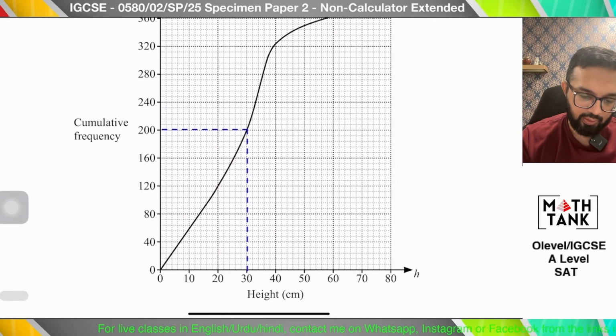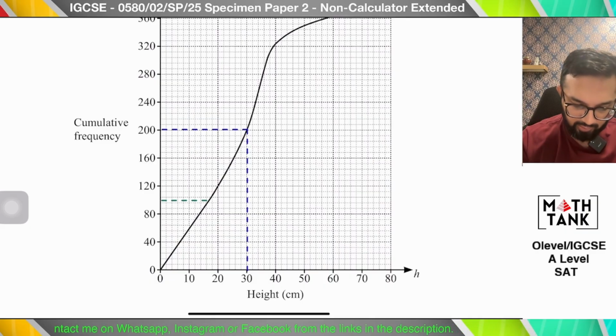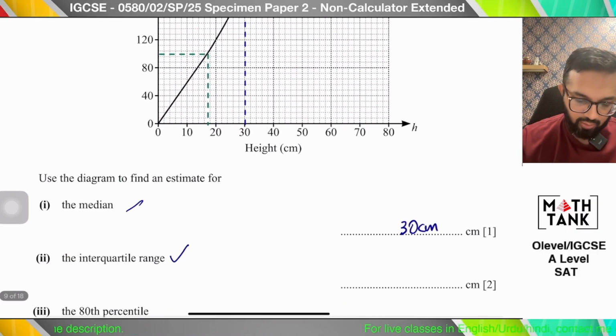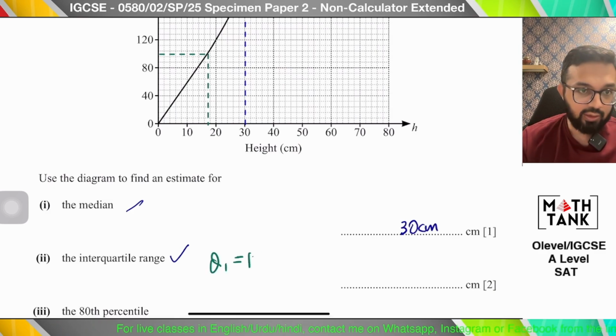So I'm going to find quartile 1 on the 100th observation. Quartile 1 looks like it's about 17 centimeters.